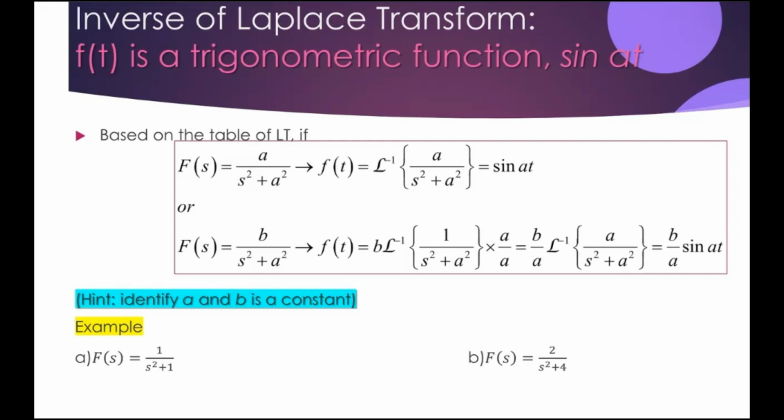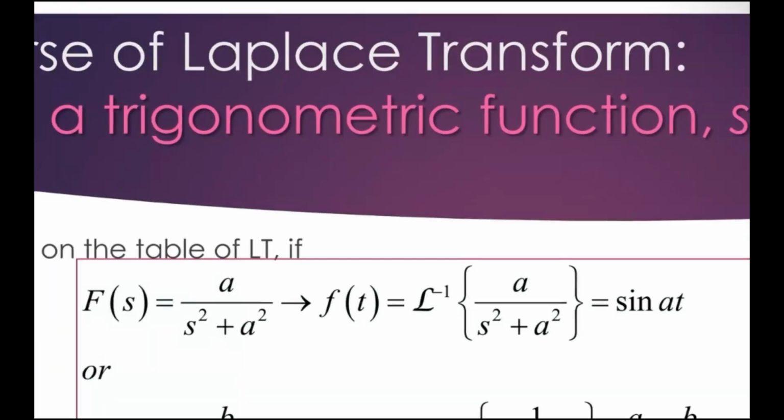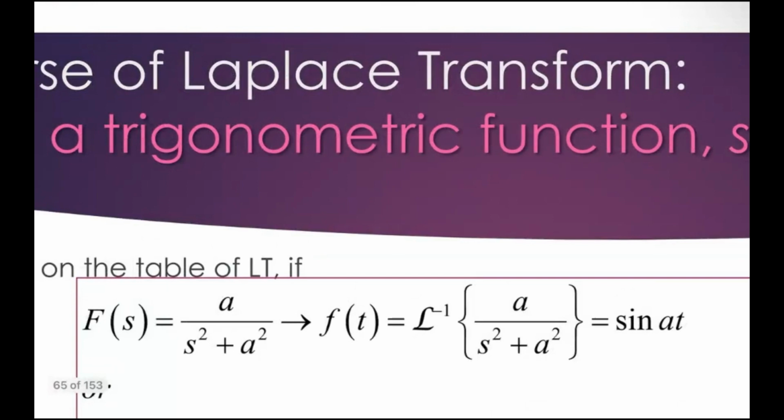Okay, now let's see another function. So the Laplace equal to a over s squared plus a squared. Now let's say we have a over s squared plus a squared, where a is a number, a constant.